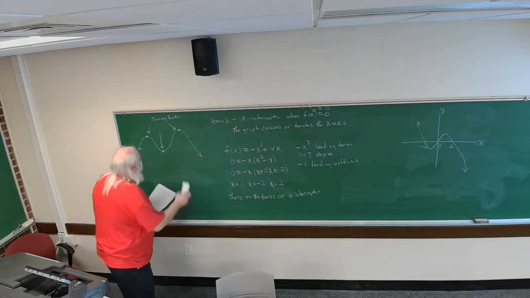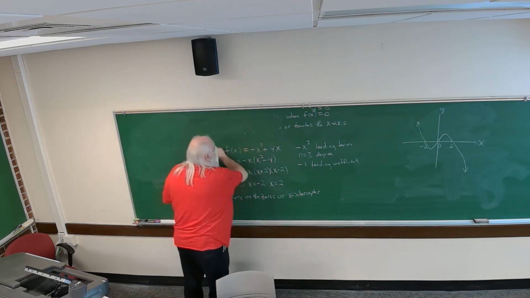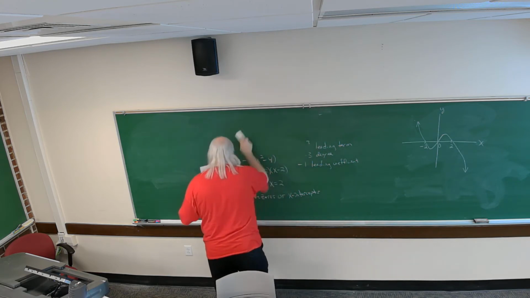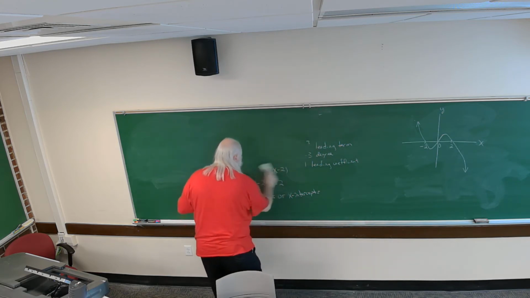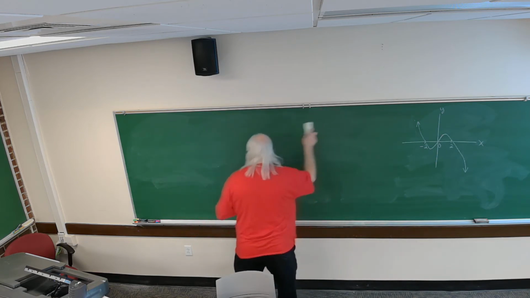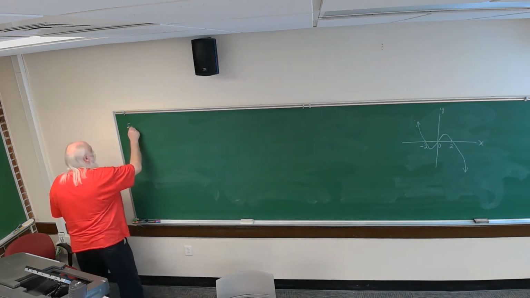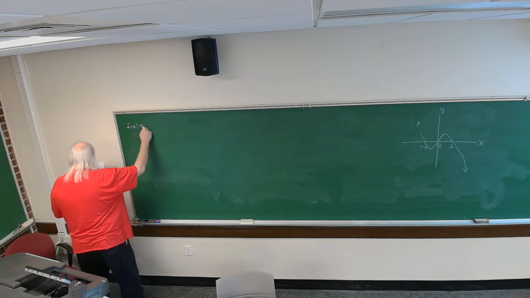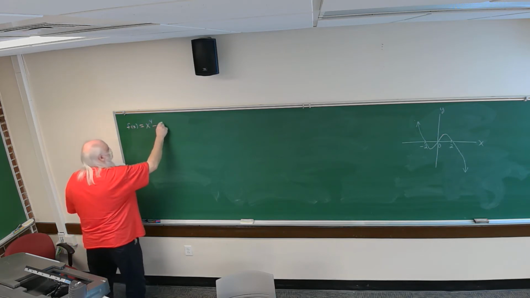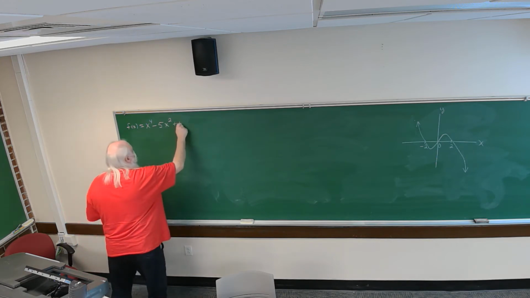All right, so let's take a look at B. So B, we have f of x is equal to x to the 4th minus 5x squared plus 4. Okay.